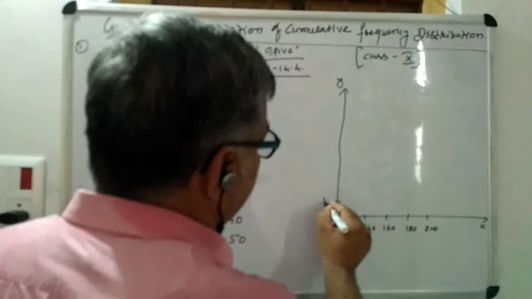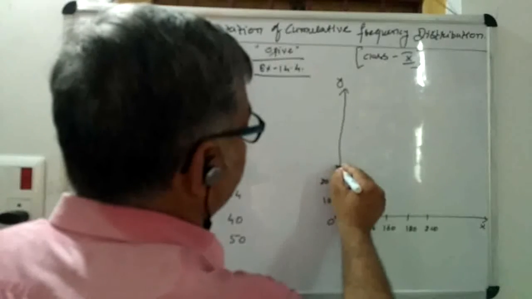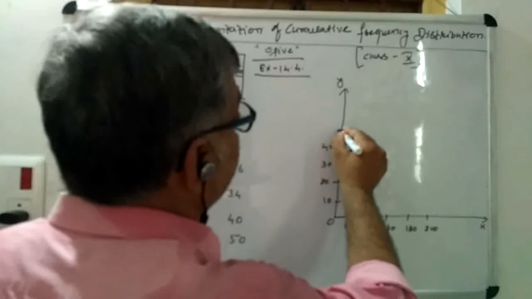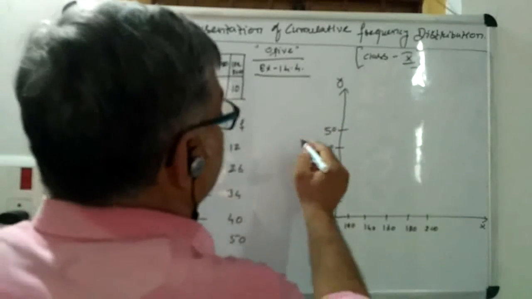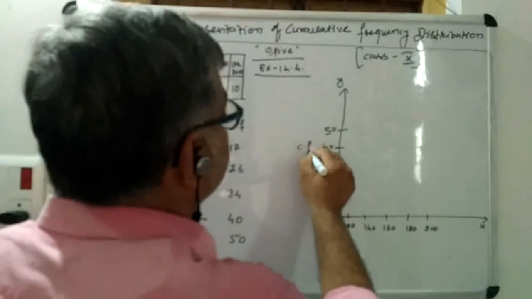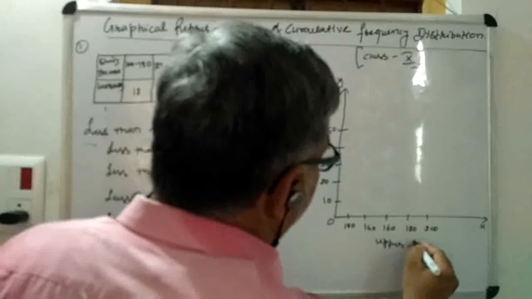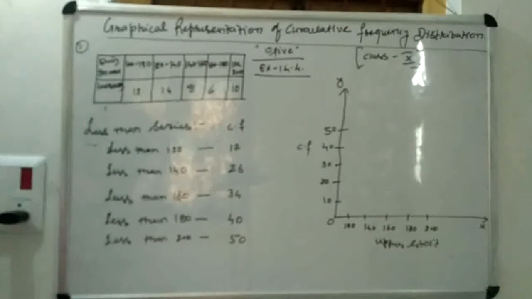So suppose 10, 20, 30, 40, 50. 50 is the highest. This is your cumulative frequency and this is your upper limit on the x-axis. Now plot the points.